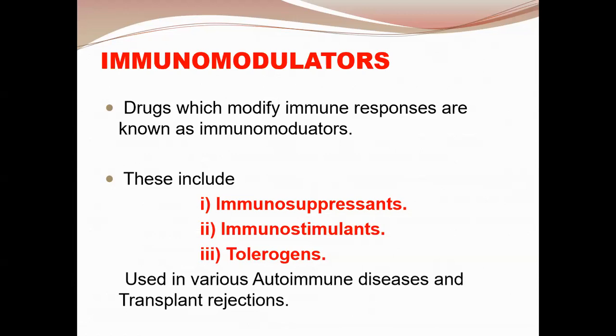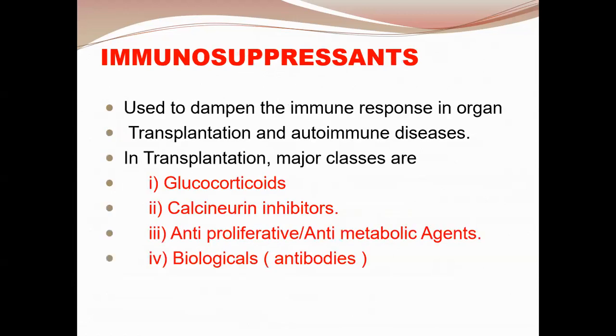They are helpful in the treatment of graft host rejection transplant reactions. Now, when you talk about these immune suppressants, these are the drugs which can dampen the immune response in organ transplantation and autoimmune diseases.